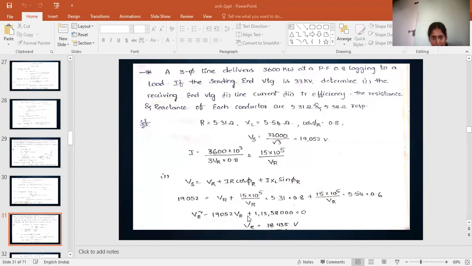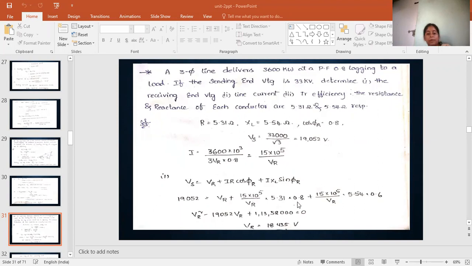Vs value is 19,052, and VR value we don't know, so place VR in that place. So VR plus I R, where I equal to 15 into 10 power 5 by VR, into R value, which is nothing but 5.31.